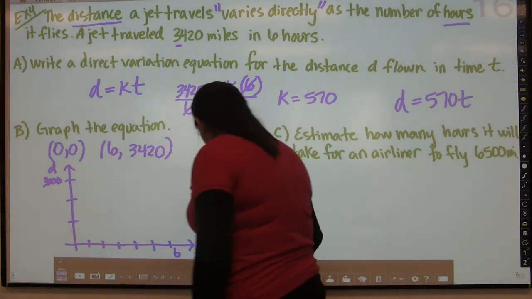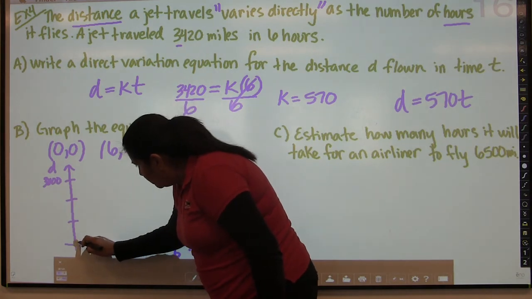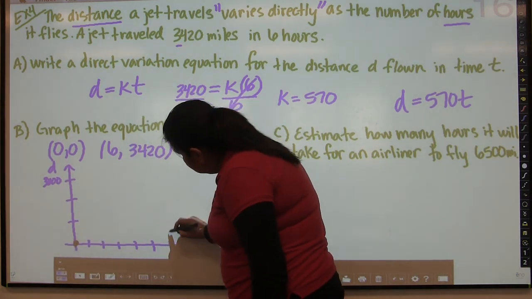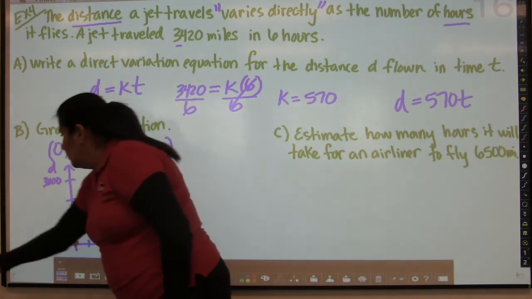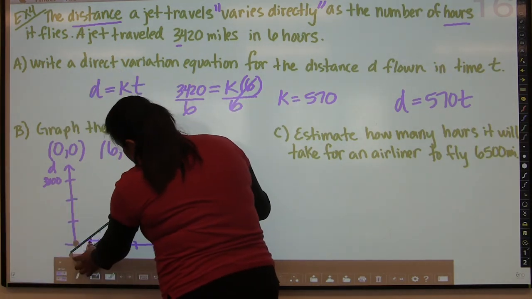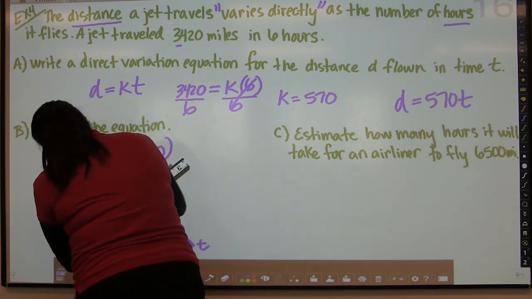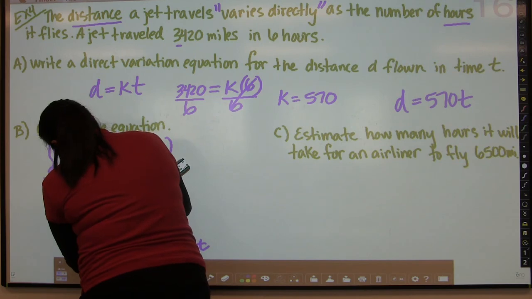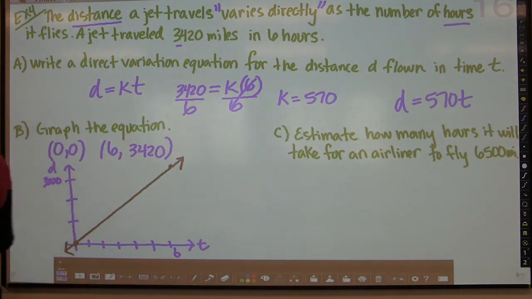So to graph this little guy, I'm going to say that we have 0, 0 right there at the origin. And my second point will be 6 and a little bit higher than 3,000, right about there. And then I'm just going to connect my 2 points. And that's my graph. That's roughly what this graph is going to look like.